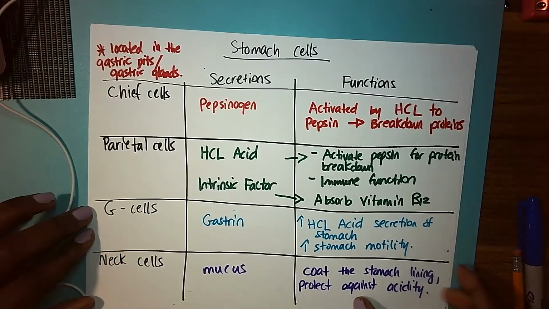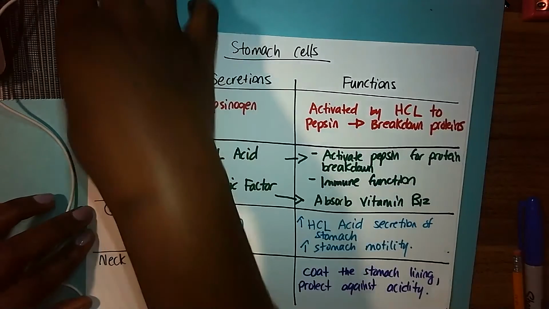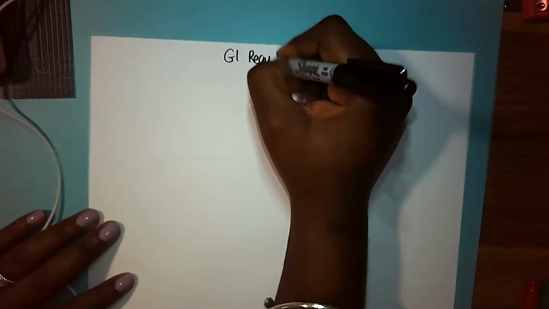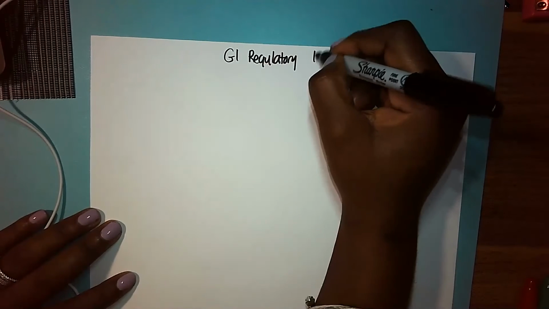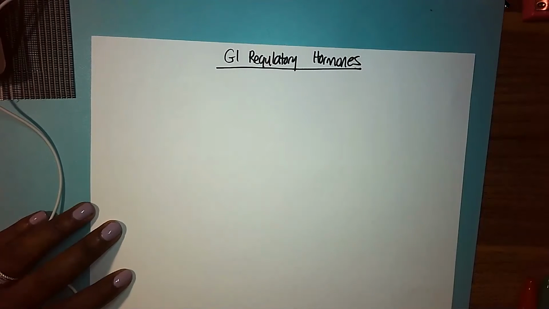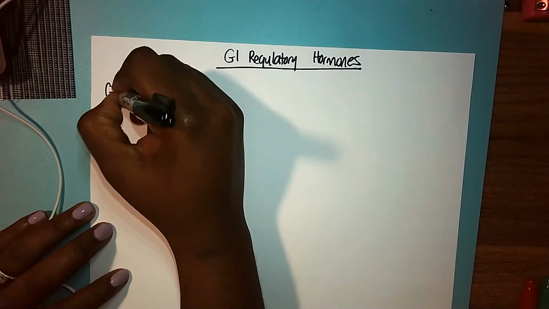All right, let's look at one last table, and then we're going to move on to some checkpoint questions and a few practice multiple choice questions. So the final table here is all of the hormones that we just spoke about that regulate motility and secretion. So the GI regulatory hormones, we talked about gastrin.